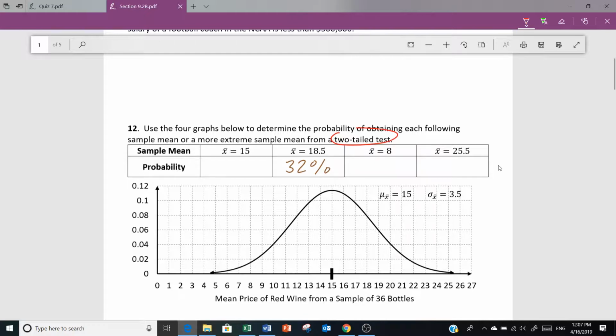Within 2 standard deviations, the whole area is 95%, which leaves 5%. So you divide that by 2. So an extreme value is 2.5%.